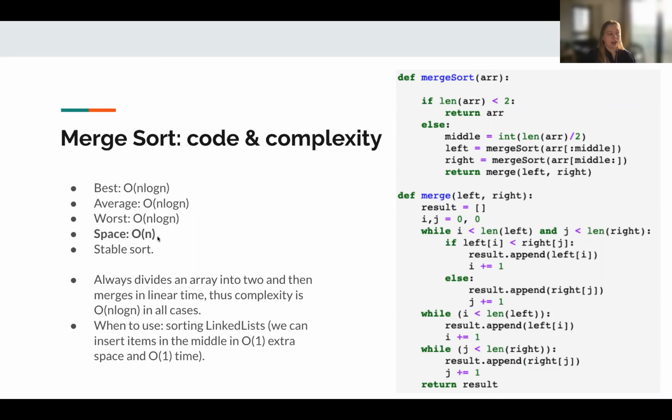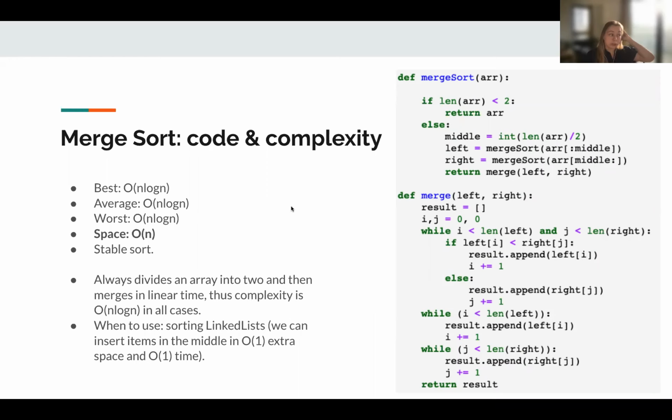Secondly, if you remember previous sorts, they performed better in the best case scenario. They were smart about an array that's already sorted. Merge sort will not do that because it doesn't have an early stop. Merge sort will always split the array and then merge it again, even when it's already sorted, unfortunately.